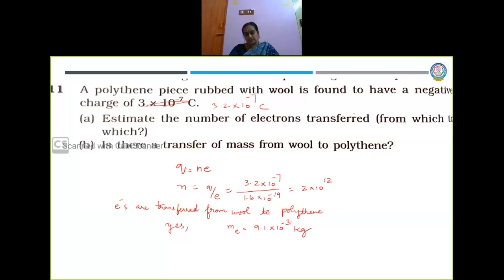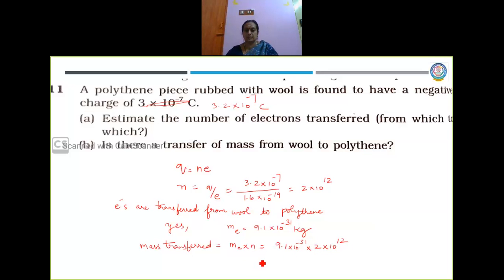If there is transfer of mass, how much mass is transferred? I know the mass of a single electron. How many electrons are transferred? N is equal to 2 into 10 power 12. So mass transferred is m_e into N. m_e is the mass of a single electron, into how many electrons are there? 2 into 10 power 12.